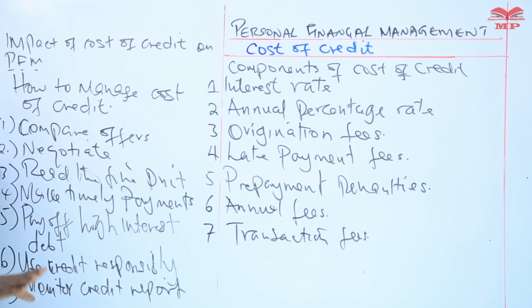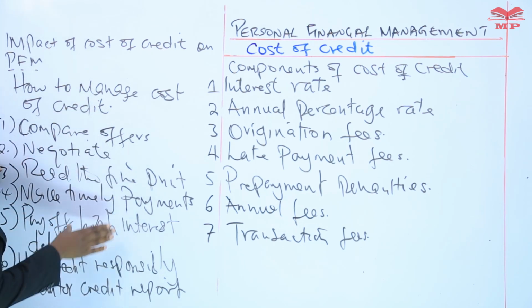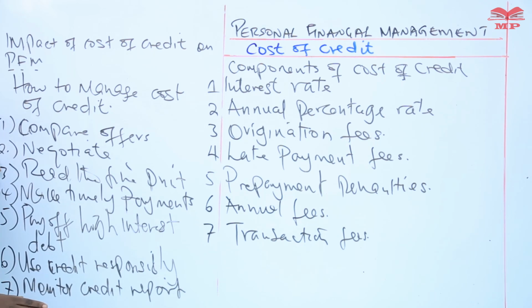So it's important for you to understand that by being aware of the cost of credit and implementing effective management practices like the ones we've listed here, one can make informed borrowing decisions and also avoid unnecessary financial burdens and achieve their financial goals.